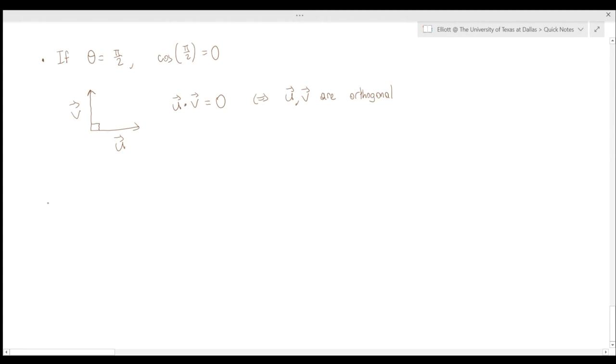Now at this point, let me also briefly mention the Cauchy-Schwarz and triangle inequalities. The Cauchy-Schwarz inequality comes from this formula that we just derived for the dot product.